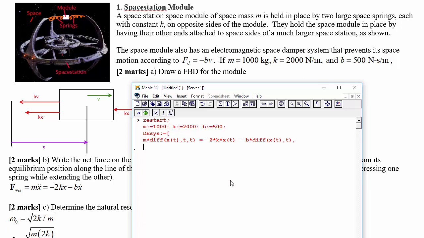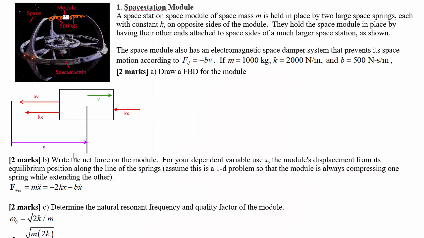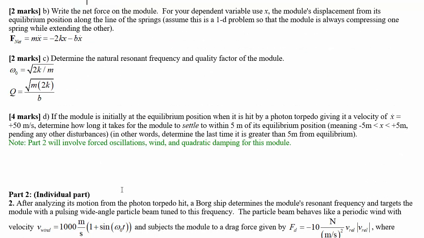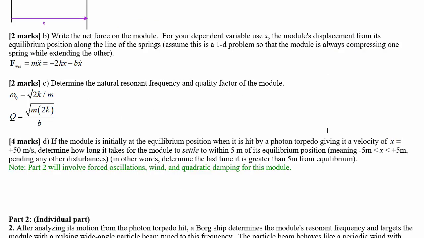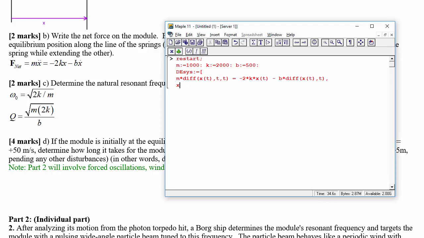The initial conditions are given in this part D of the problem. And they tell you initially it is at the equilibrium position. X at 0 is 0. When it's hit by a photon torpedo, giving it an initial velocity of plus 50, dx at 0 is equal to 50.